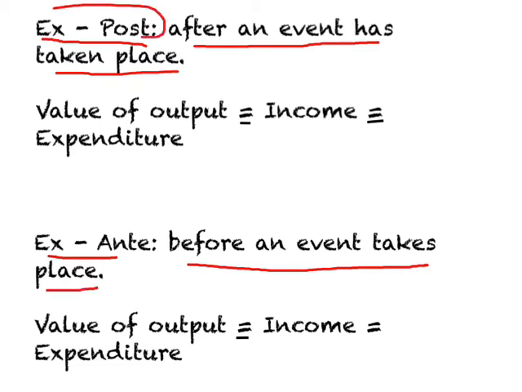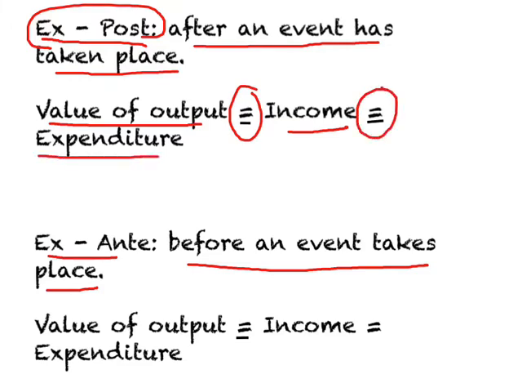Now in an ex post sense, the way we have looked at the circular flow diagram, value of output is identical to income, and that is, when we use three parallel lines here, it simply means it is identical or by definition true. And in terms of circular flow diagram, income is also identical to expenditure, or value of output, income and expenditure mean one and the same thing, or they measure one and the same thing in an ex post sense.